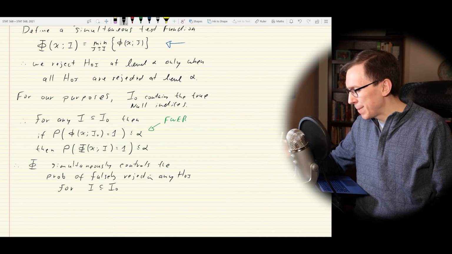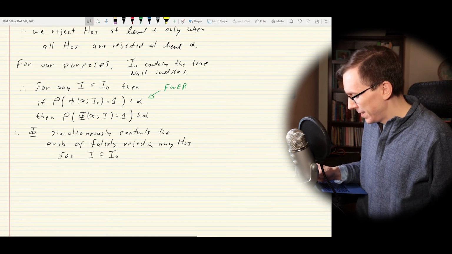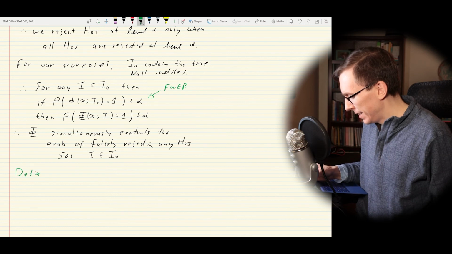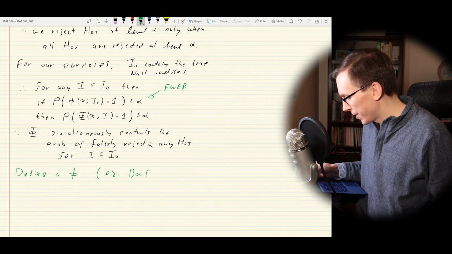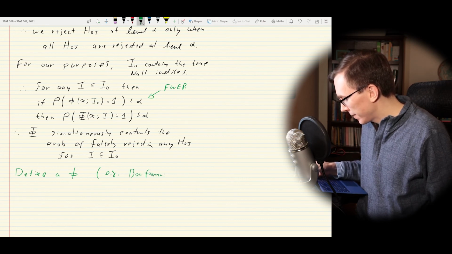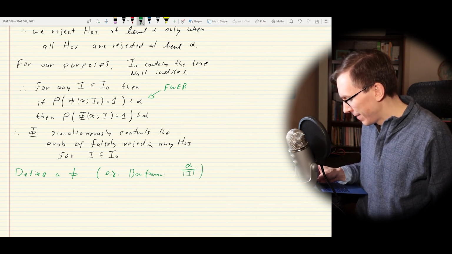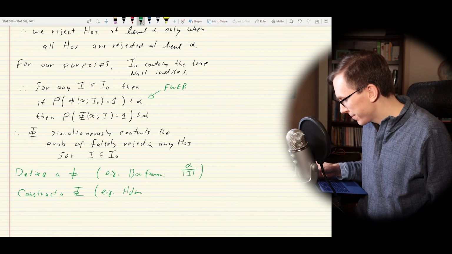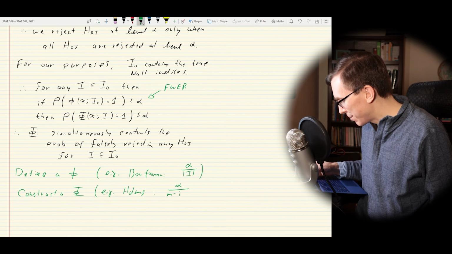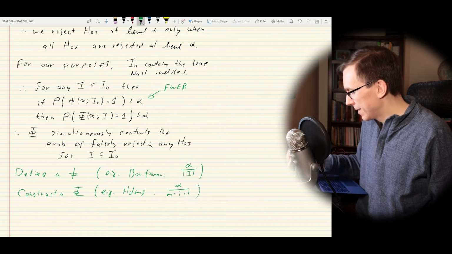So what that means, in a nutshell, is define a phi, e.g. Bonferroni, alpha over the cardinality of I, then we construct a capital Phi, which is, in this case, let's say Holm, which is alpha divided by m minus I plus 1 or whatever, something like that.